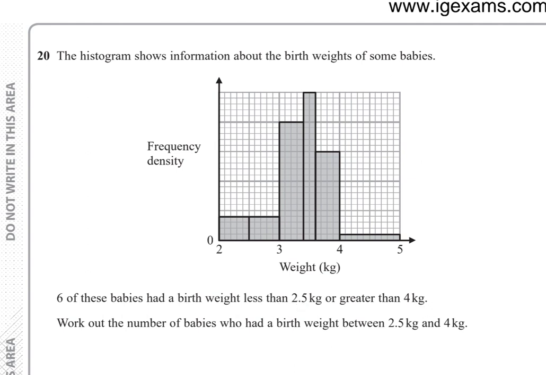So less than 2.5, the area for this rectangle, and more than 4, that one, equals 6. To find the area for this rectangle, base 0.5, because this is 2.5, times the height.